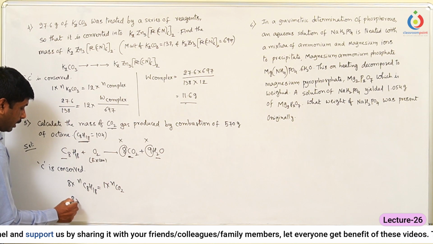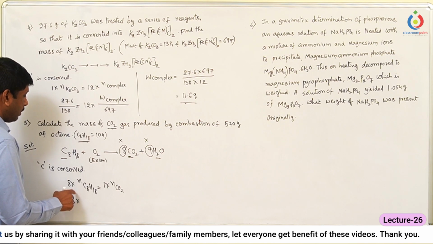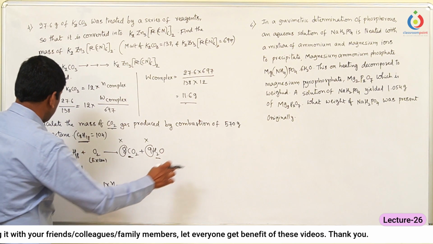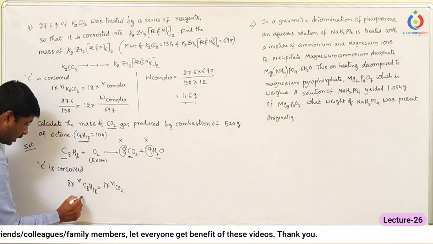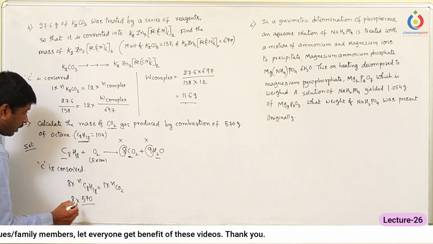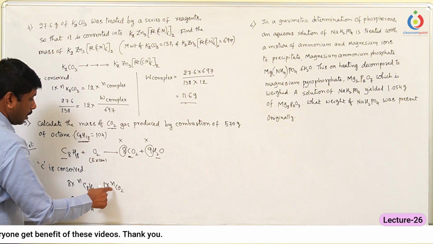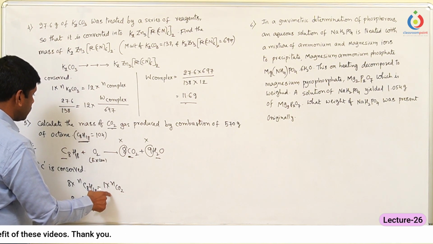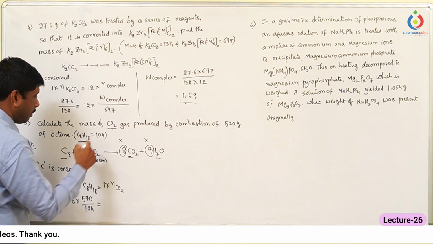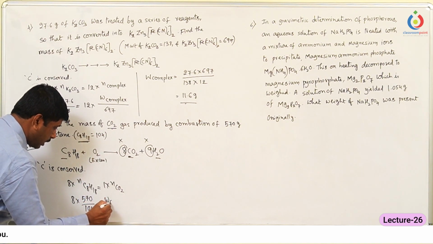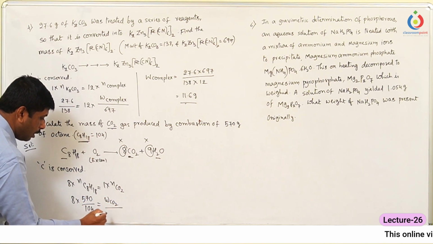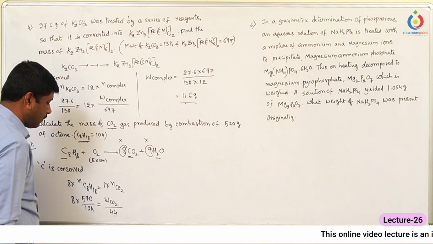So 8 into the number of moles means weight by molecular mass. The weight of octane is given as 570, divided by its molecular mass 114, is equal to the number of moles of carbon dioxide. We have to calculate the mass of the carbon dioxide. The molecular mass of carbon dioxide is 44.